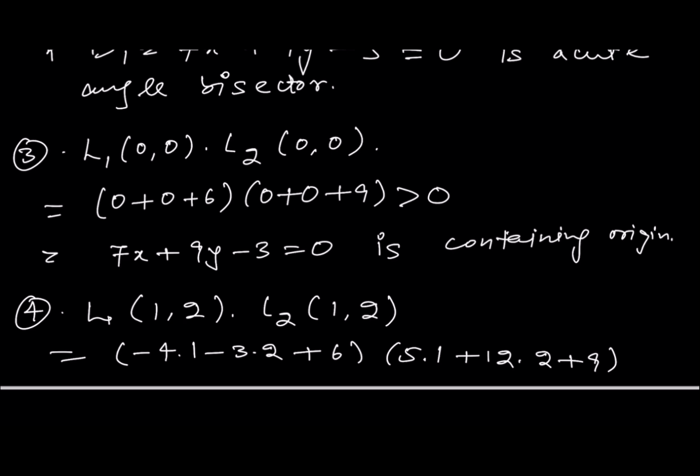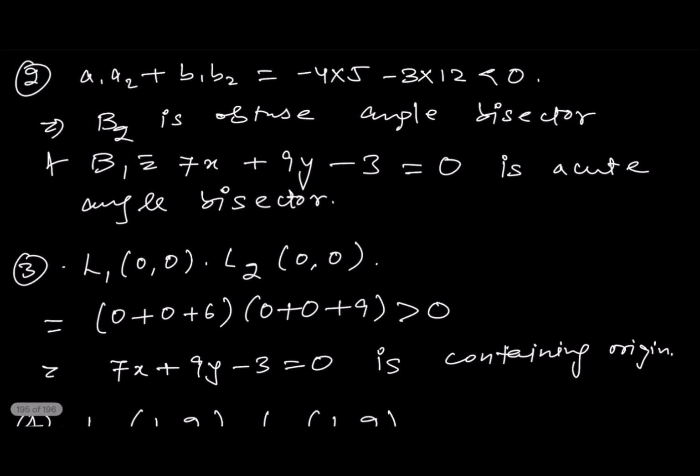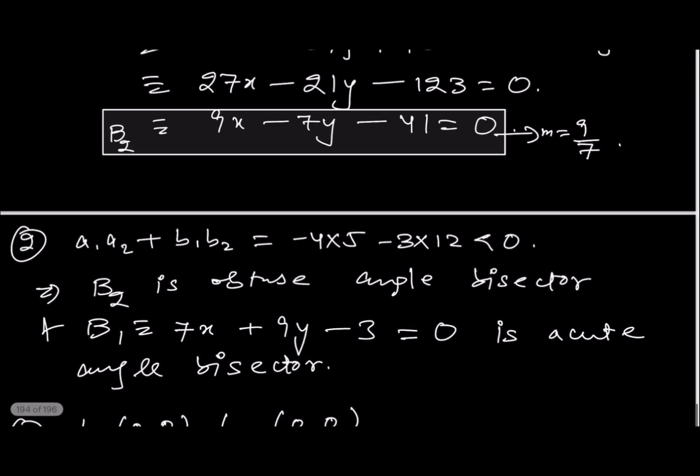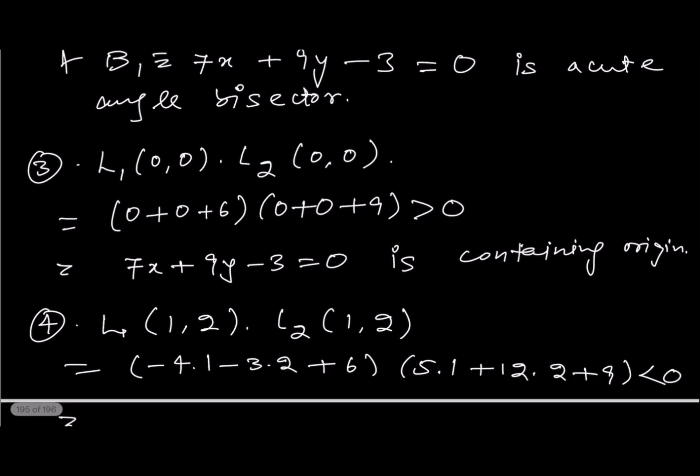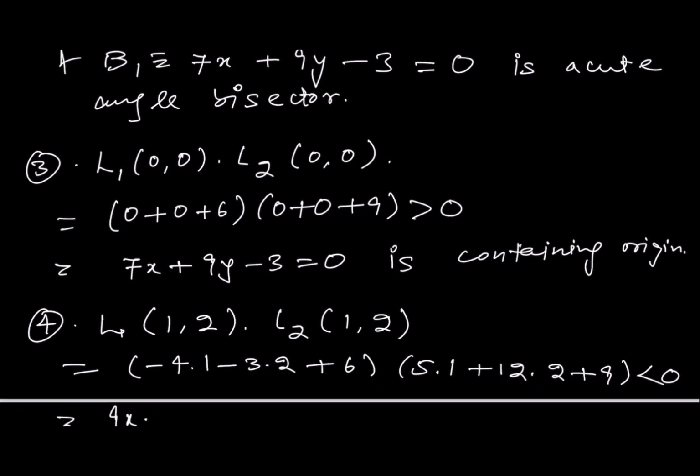Minus 4 minus 6 is negative. It means obtuse angle bisector, that is B2, or 9x minus 7y minus 41 is equal to 0 is containing (1, 2).